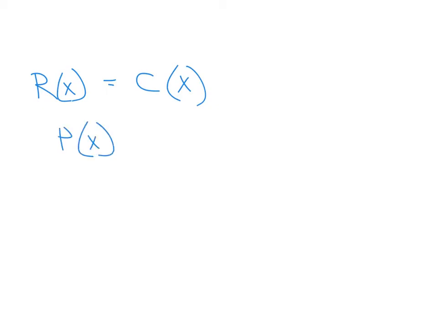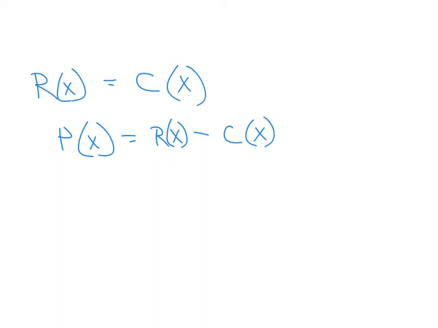Okay, so that means that the total revenue, the amount of money that they made off of the item, has to equal what it costs them to make. So their profit equals the total revenue minus the cost for the product.